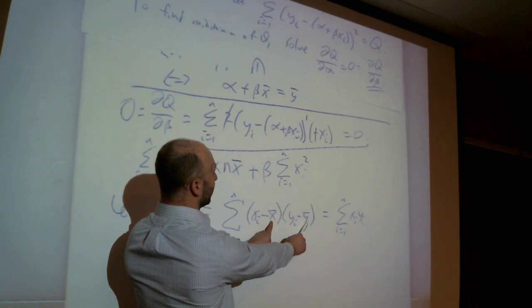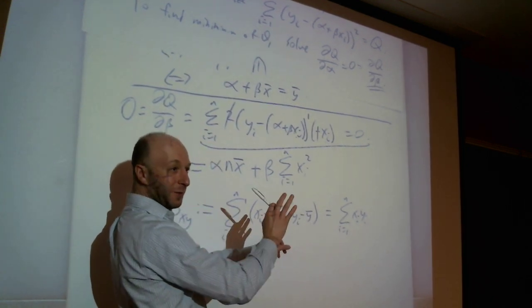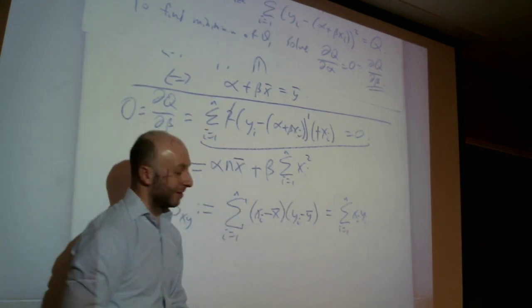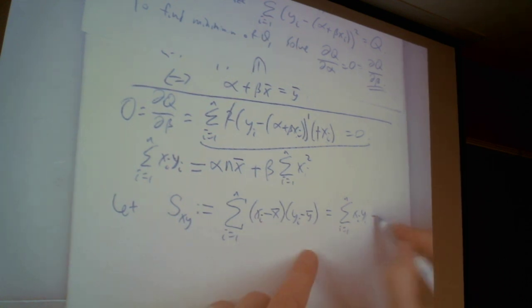And I get a plus x bar y bar, and I get that n times. So if I did that too fast, just think about it at home. We've done this 100 times. What's left over, so I get minus 2 plus 1, so I get minus 1, n x bar y bar. So if I did that too fast, try it again at home, make sure you get the same answer.